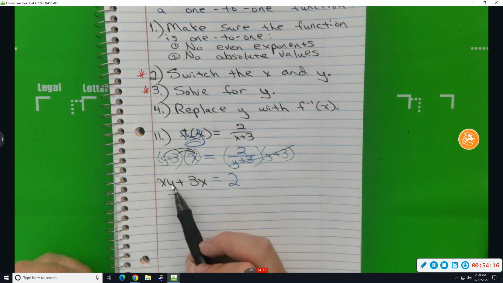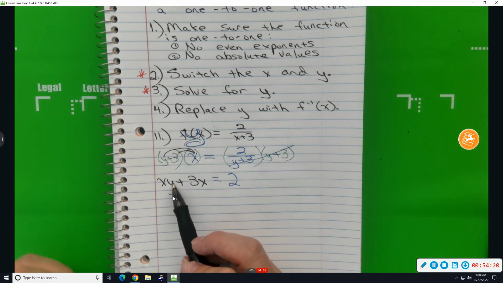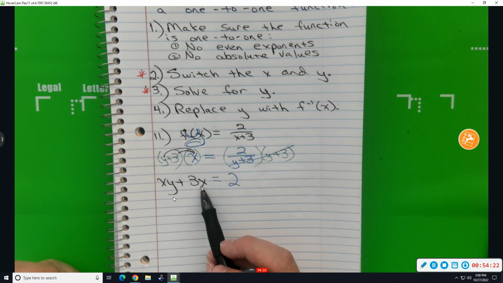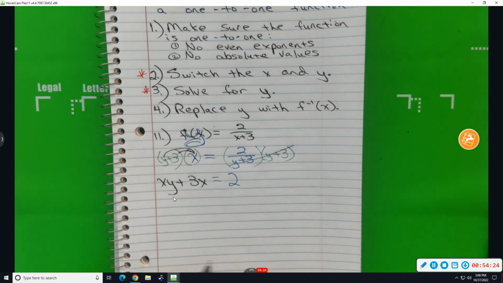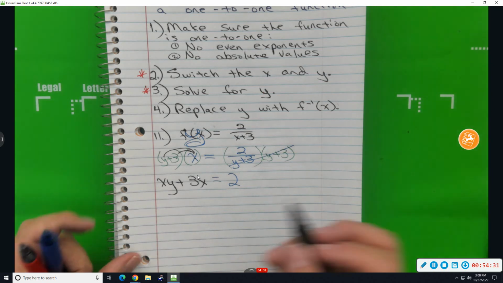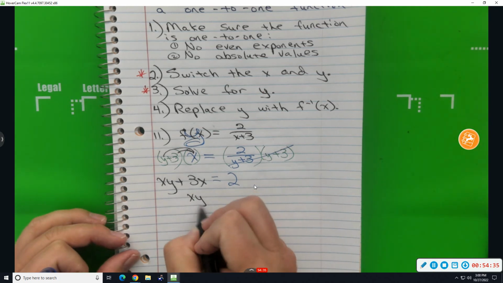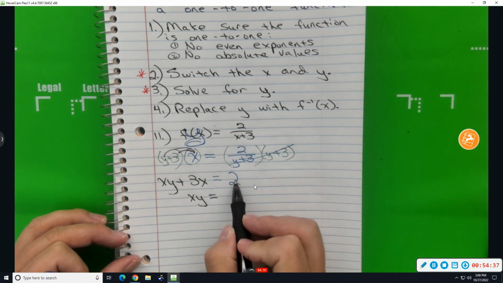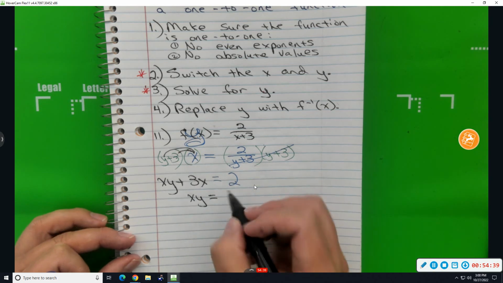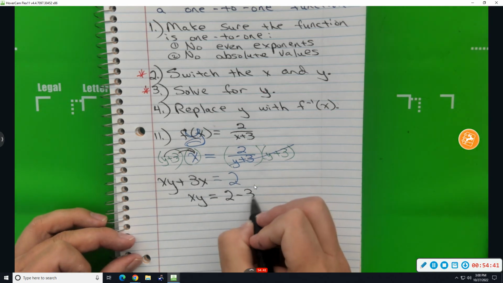Well, we want the y by itself, so I'd leave this xy where it is and move the other term over. Divide by x on both sides? No, I'm not going to divide by x yet. When I'm solving for a variable, division is the last thing I do. You could do that, but that's not how I'm going to do it. I'm going to move the 3x to the right to have 2 minus 3x.